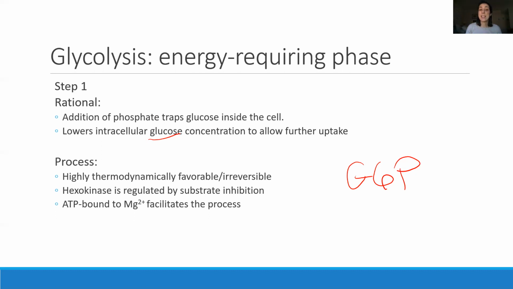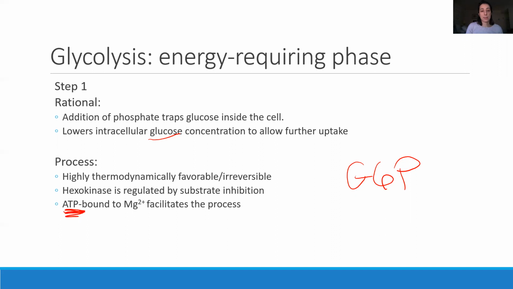Hexokinase gets inhibited if it is bound to ATP, then it will be inhibited. So an ATP with magnesium is going to facilitate the inhibition process.